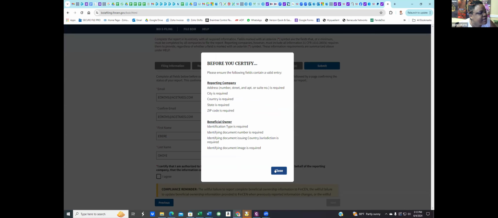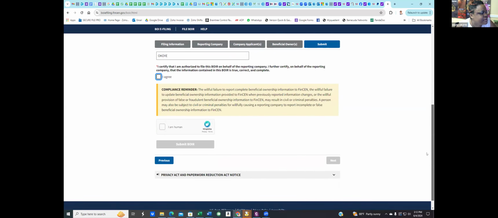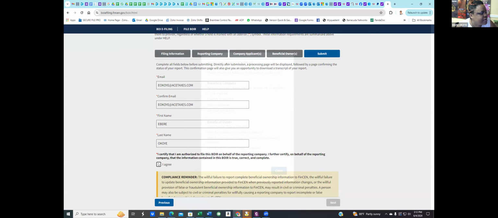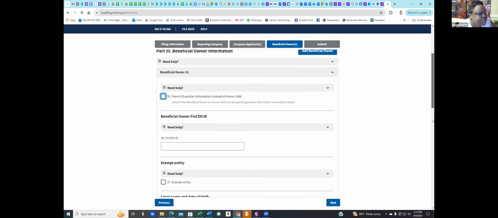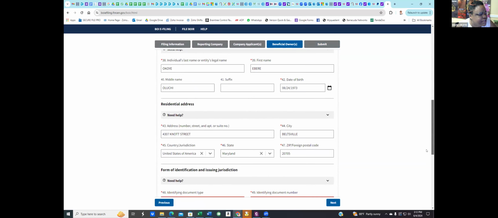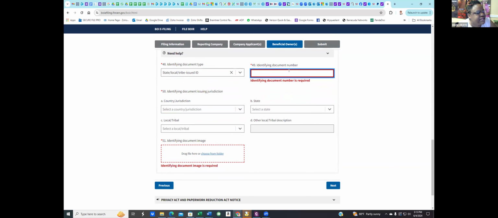Why does it keep erroring out? City, state, and country. What am I doing wrong? Okay, let's try this again. Oh, okay. Where I have to put in driver's license and I need to put in the number. Hold on, let me grab it.